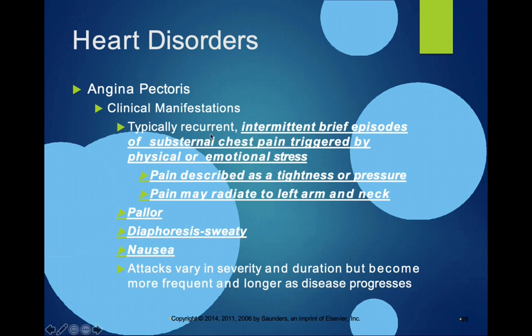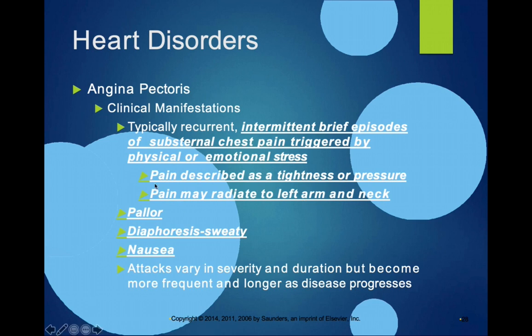What are the clinical manifestations of angina? So typically recurrent, intermittent, brief episodes of substernal pain triggered by physical or emotional stress. The pain is described as a tightness or pressure. Tightness in the chest. The pain can radiate to the left arm and the neck.